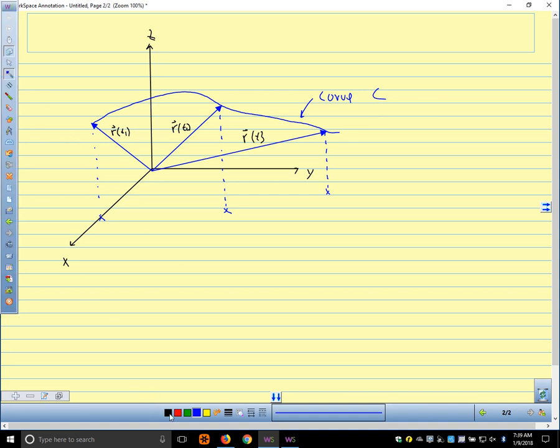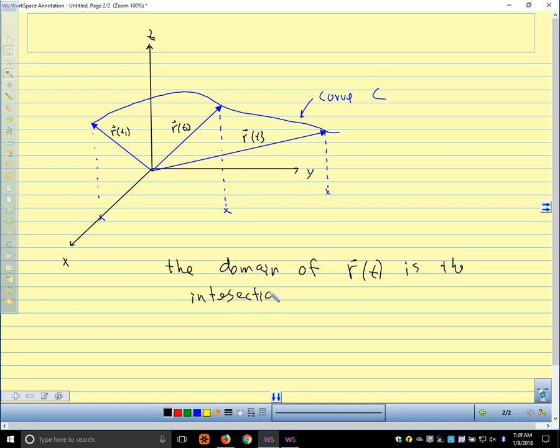The domain of our vector valued function is going to be the intersection of the domains of the component functions, f, g, and h.